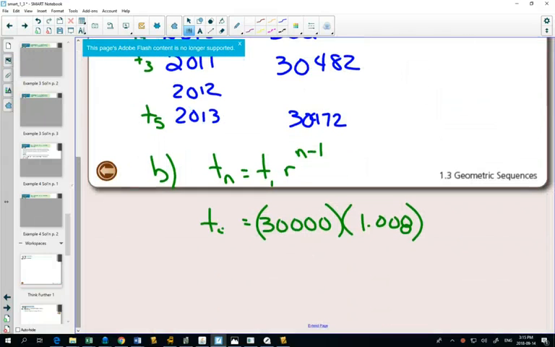So if I'm finding term 41, that would mean multiplying by this. This is where the 40 shows up. 40 times. Type that into our calculator.